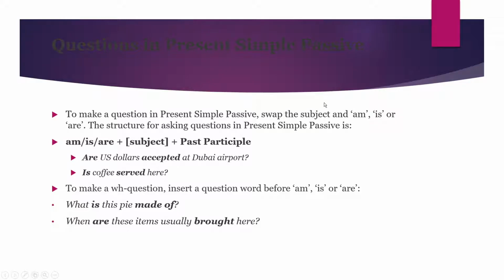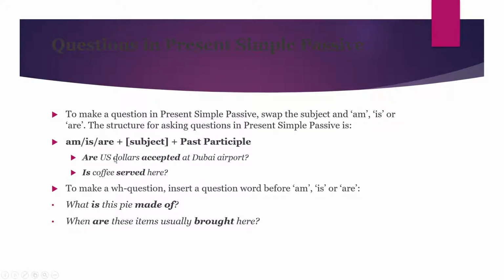How do we form a question in present simple passive? Well, we swap the subject and is, am, are, and the structure for asking questions in present simple passive is: is, am, are, the subject, and the past participle. So, are US dollars accepted at Dubai airport?